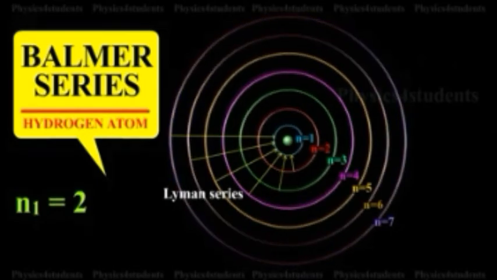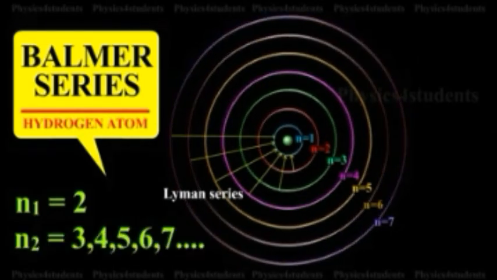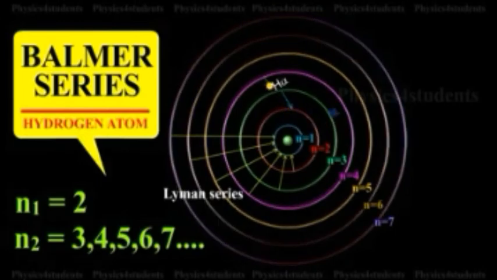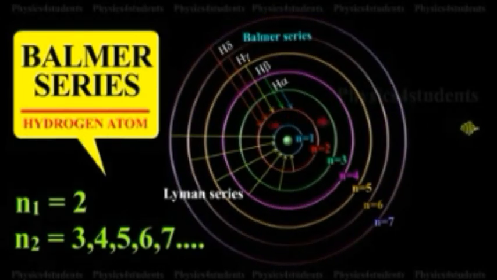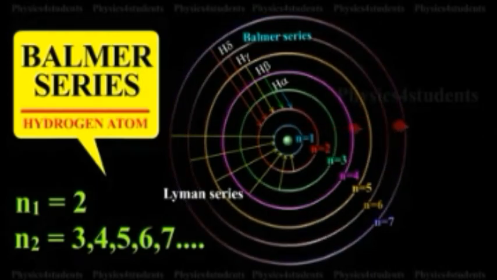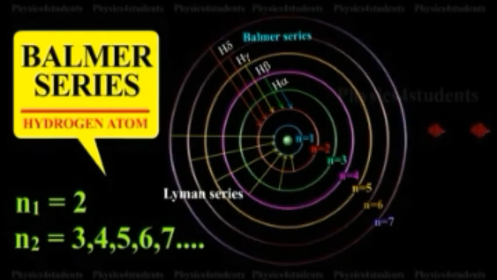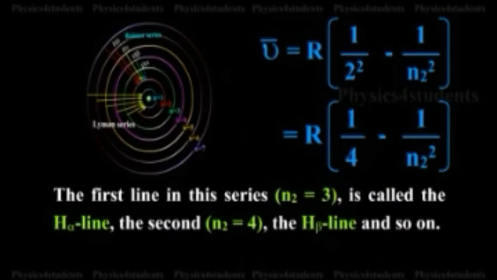Here n1 is equal to 2 and n2 is equal to 3, 4, 5, 6, 7 and so on. The wave number of the Balmer series is nu bar is equal to R into 1 by 2 square minus 1 by n2 square, which is equal to R into 1 by 4 minus 1 by n2 square.